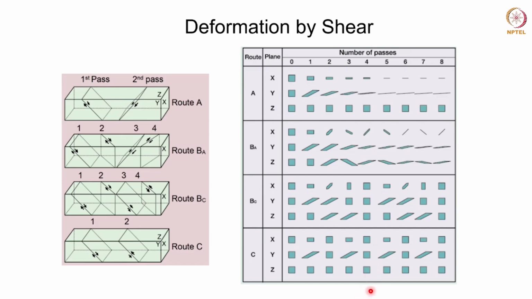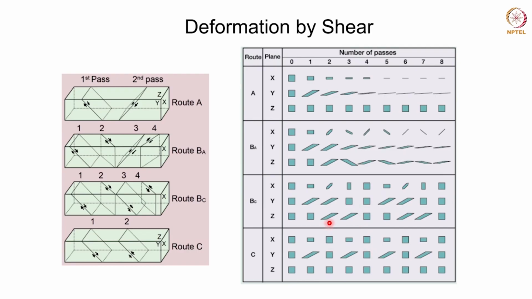Right, so this is how, with the help of this particular diagram, you can see how the shear deformation leads to accumulation of large strain in the material, and this will actually lead to refinement in the grain size. Okay, so in order to understand how exactly the grain refinement occurs, apart from this physical picture that this diagram depicts, you will also have to look at the dislocation mechanisms.